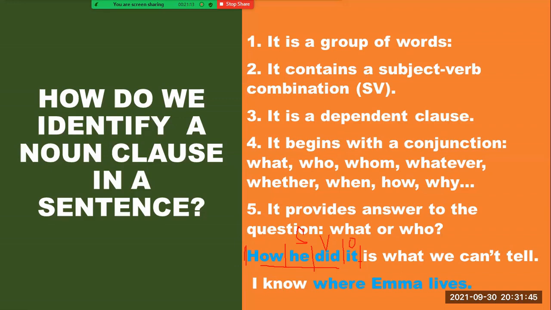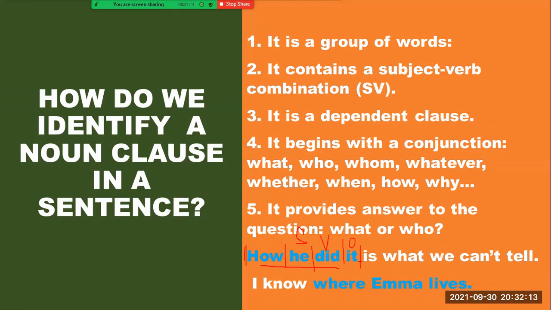If you simply say how he did it, someone who is listening to you will ask you, and so what? How he did it? What about that? All right. The person will like to know more, get more information about how he did it. What are you talking about? You are talking about how he did it, but what do you exactly mean?